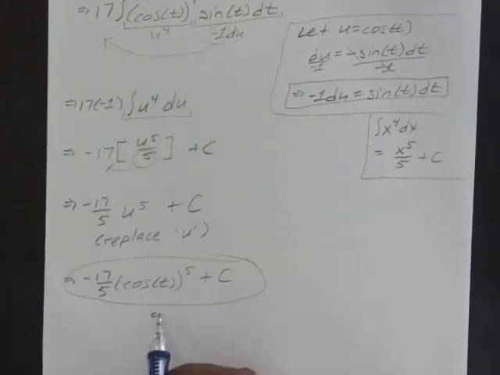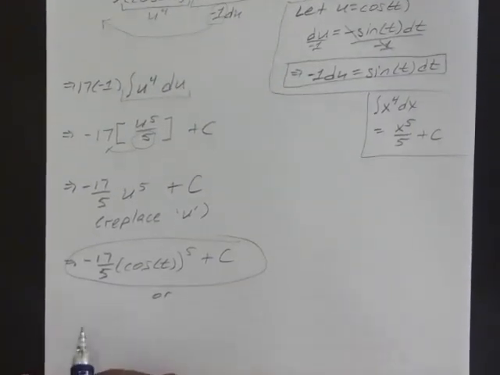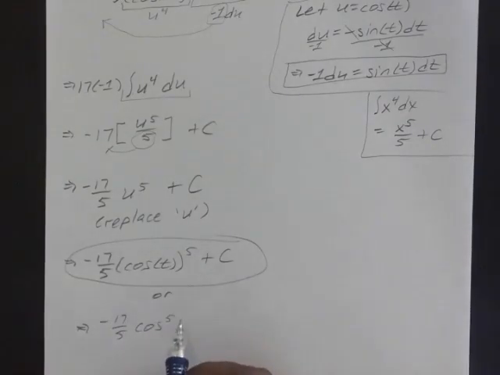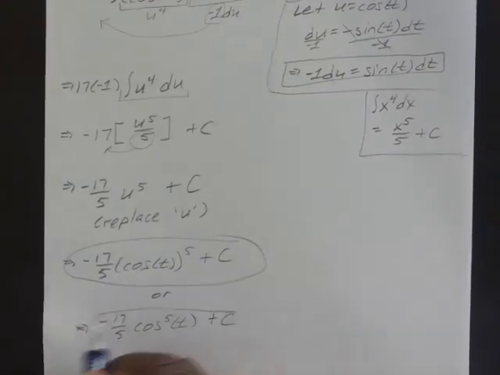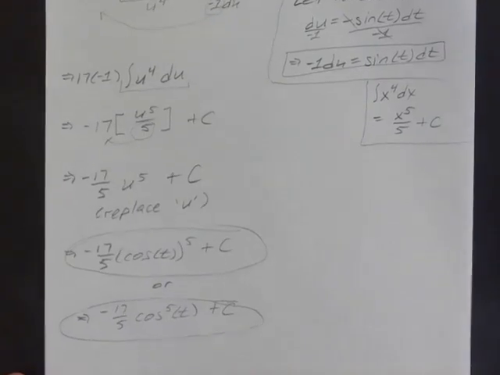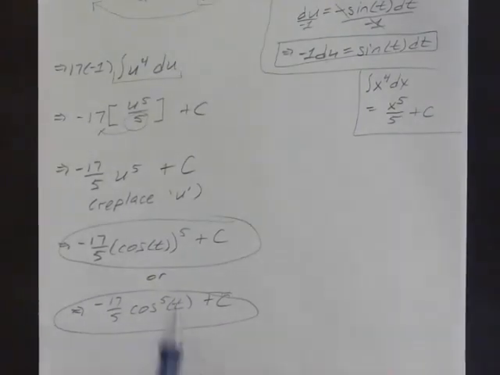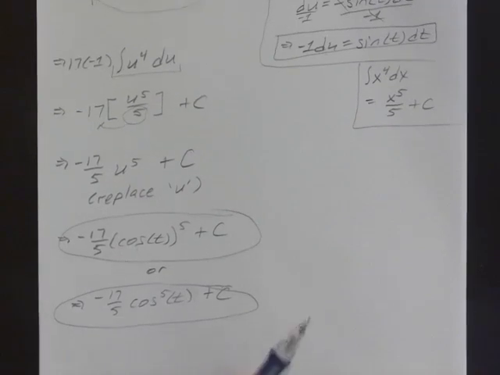Or you can write it in the more traditional form of -17 over 5 times cosine of t to the fifth power plus c. Again, I'm not 100% positive about this form on Newton, so if you put it in this one, it should work, but if you put it in and it doesn't, then I would try that form.